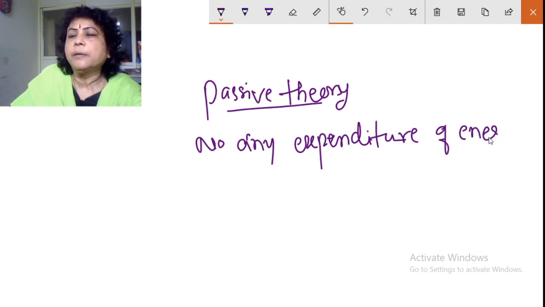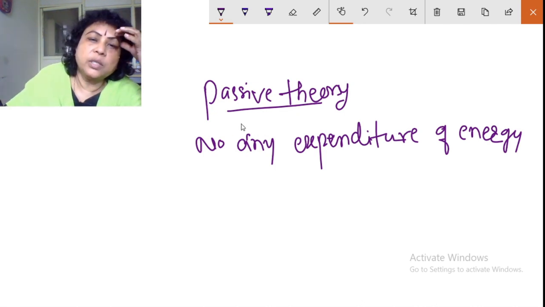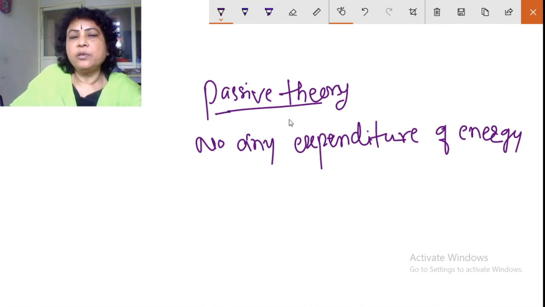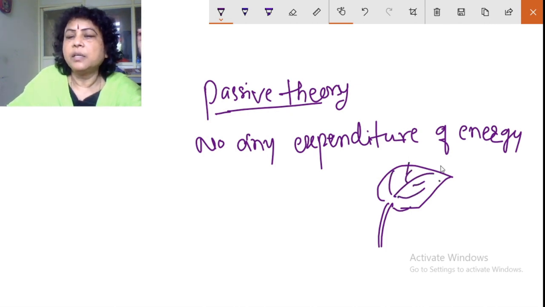No energy is required, so it is not the active theory, it is the passive theory. According to the passive theory, the plant has aerial parts. Through those aerial parts, transpiration takes place, and due to that there is a loss of water through transpiration.